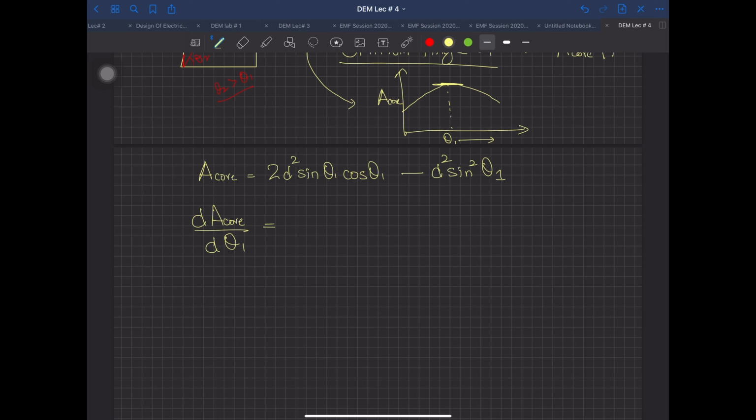What will be the derivative? Tell me. You have to take it with respect to theta 1. It's a product over here. First of all, 2d square will remain the same. Let me use some braces.